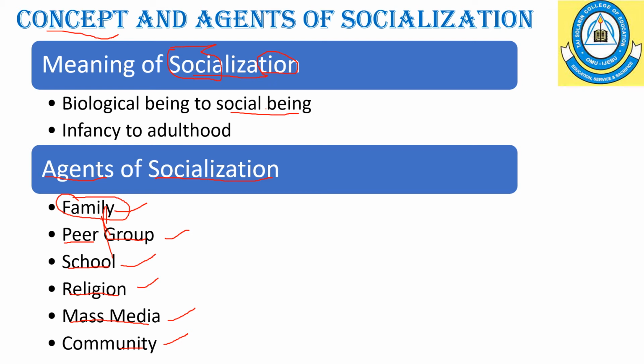Now let's move to another major one, which is mass media. The mass media can as well be categorized into two major types, which is the print and non-print media.